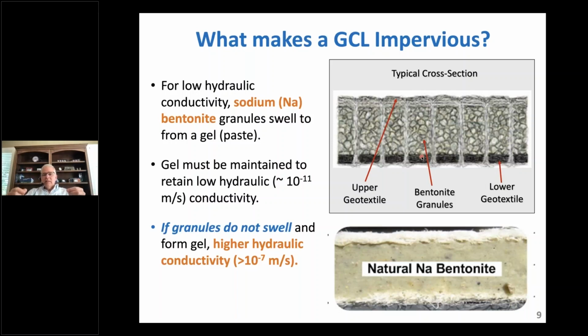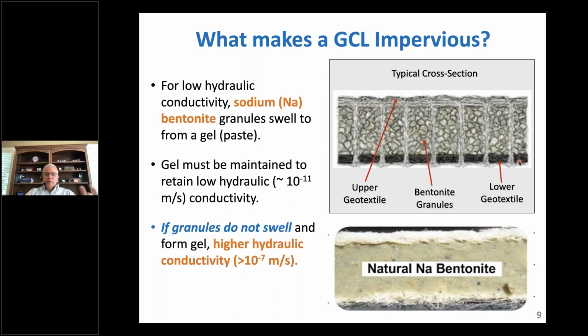And unless that material transforms itself, it will have a hydraulic conductivity like a sand or a silt and not like a clay. And of course, for the GCL to be effective, it has to have a hydraulic conductivity typical of a clay, and that means very small pore sizes, much smaller than the artist's rendition would suggest, 2 orders of magnitude lower at the upper right-hand corner.